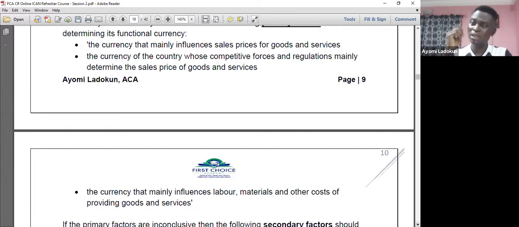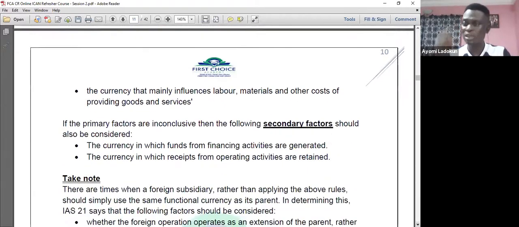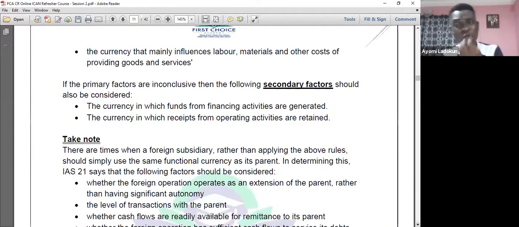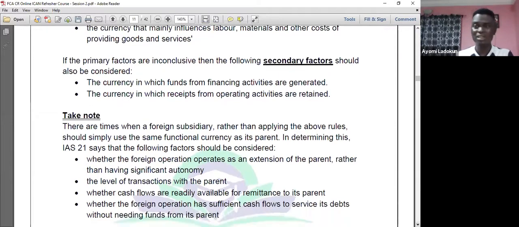These secondary factors are the currency in which funds from financing activities are generated, and the currency in which receipts from operating activities are retained.